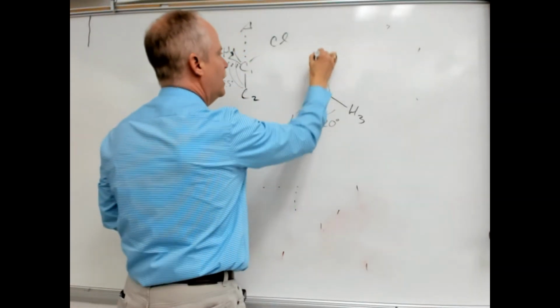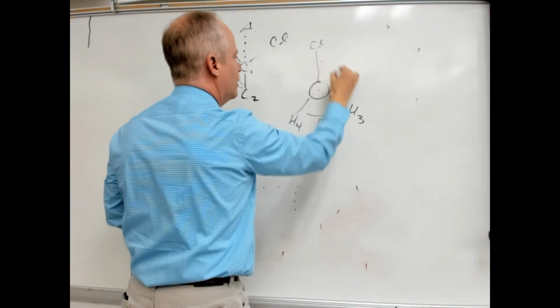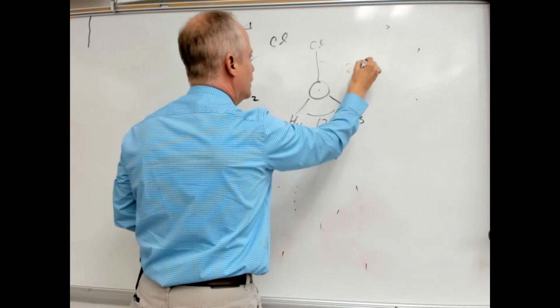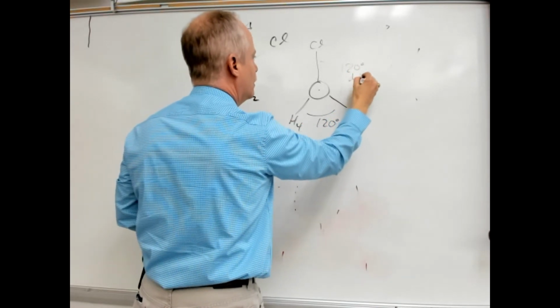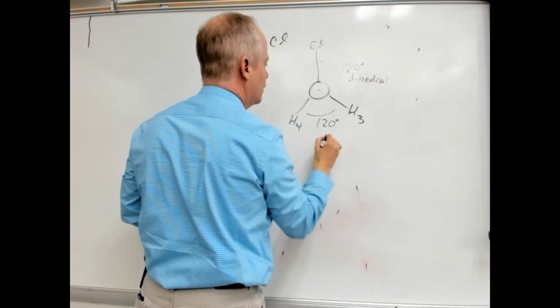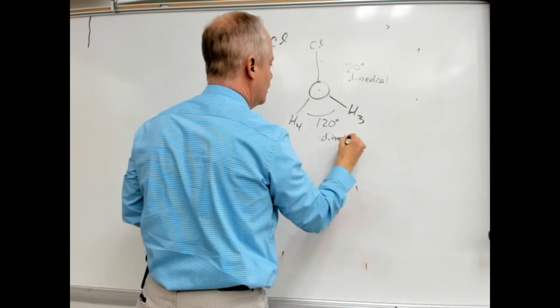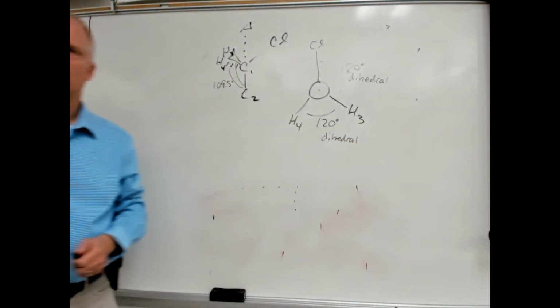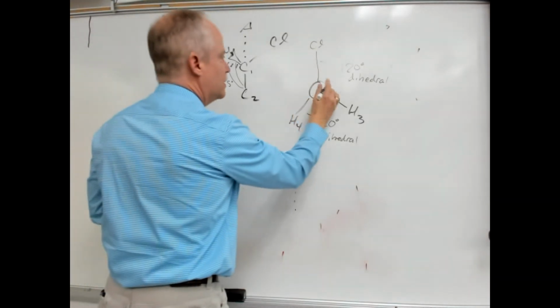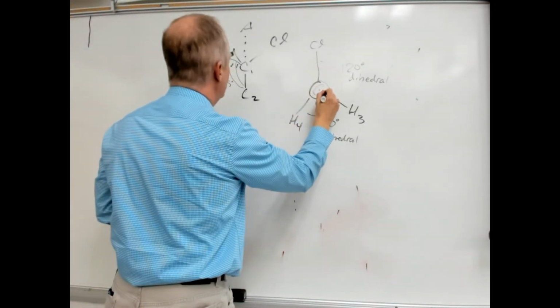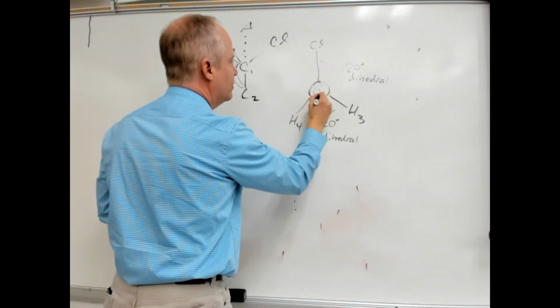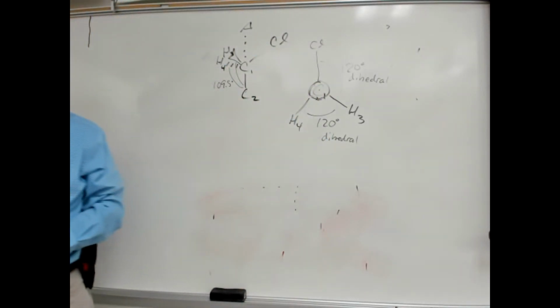And then that chlorine up here is going to be 120 degrees dihedral. So this is carbon 1 and carbon 2 looking down, carbon 1 and carbon 2.